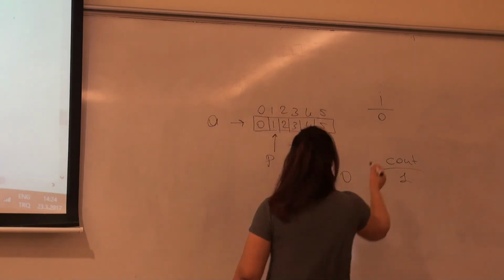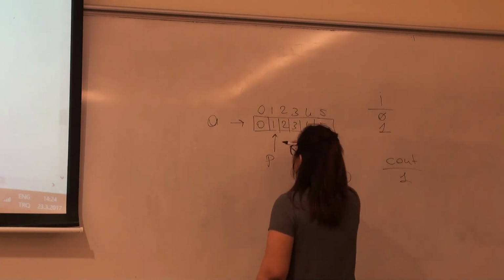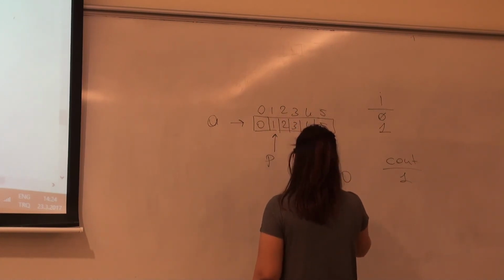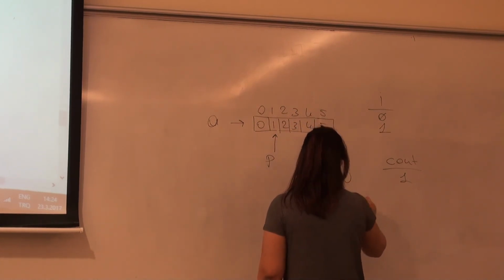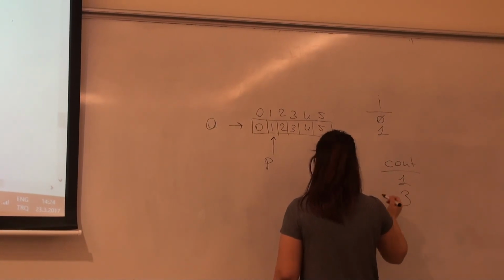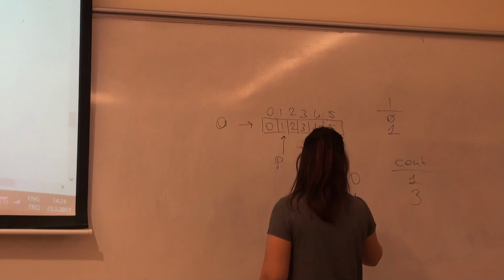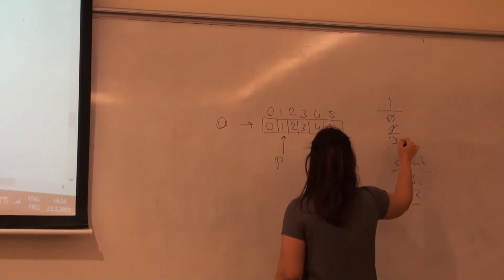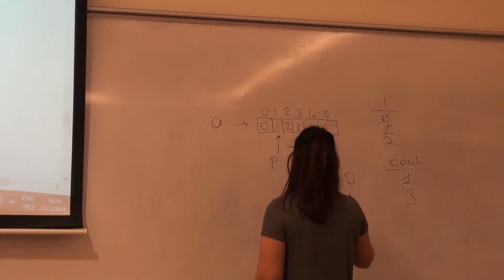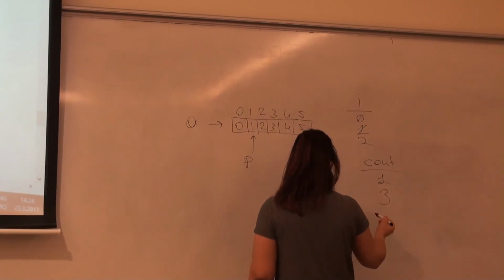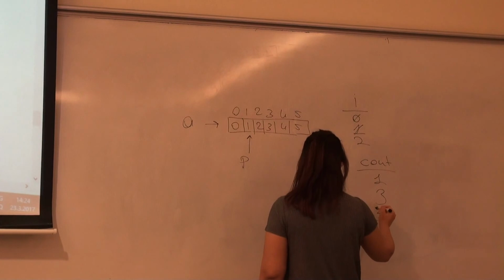Then increment I by 1. So 1 and 2, it's 3. And then increment I now. 3 and 2, exactly, so it's 5.